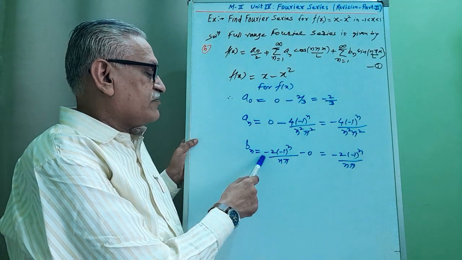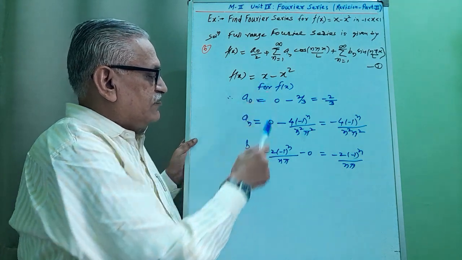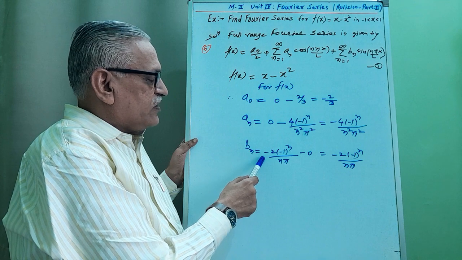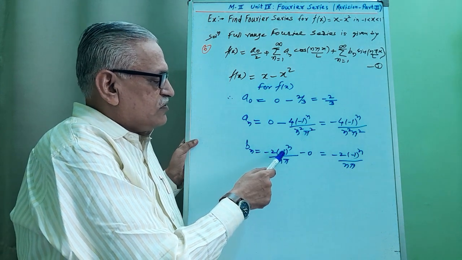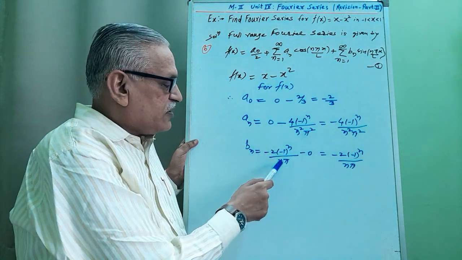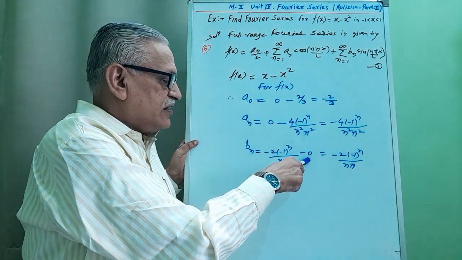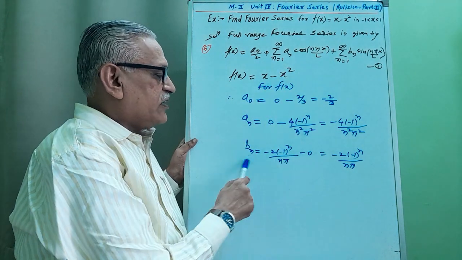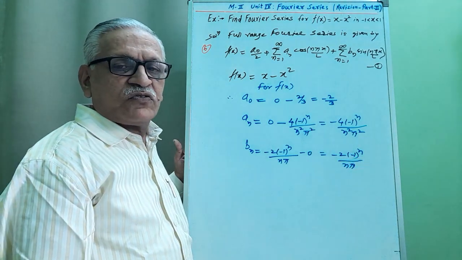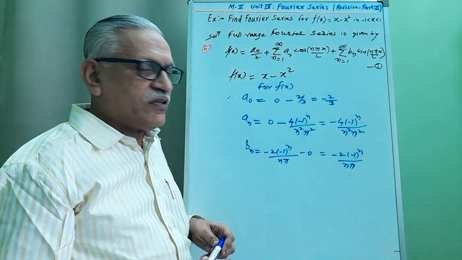And bn value for the first one is minus 2 times minus 1 raised to n upon n pi, and minus bn of second, that one is 0, and therefore we get minus 2 times minus 1 raised to n upon n pi.